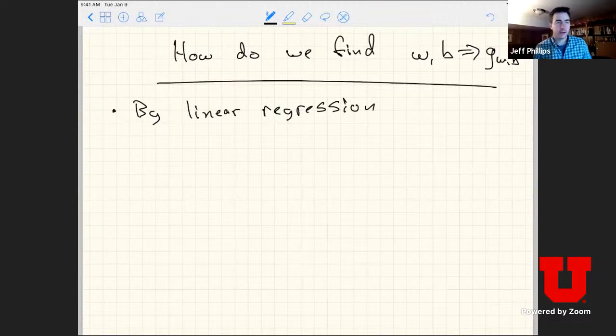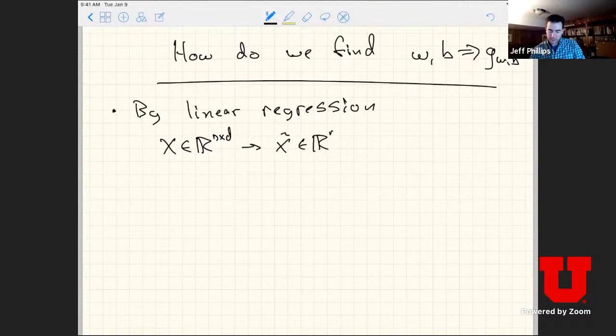What I can do is turn my data set X, which is an element of R^(n×d), into X tilde, an element of R^(n×(d+1)), where X tilde i is equal to (1, xi).